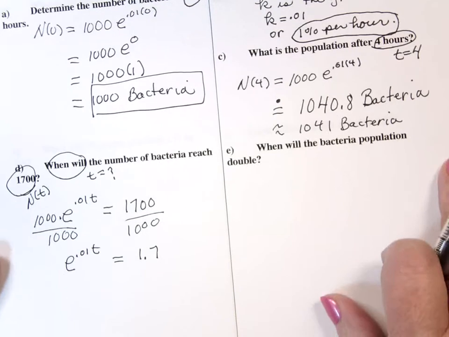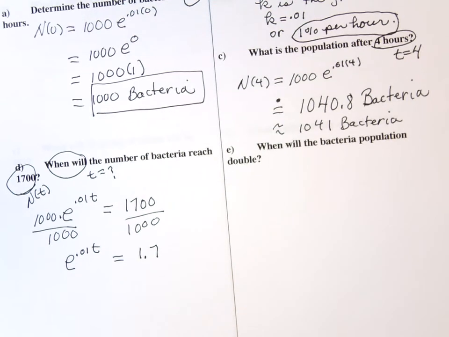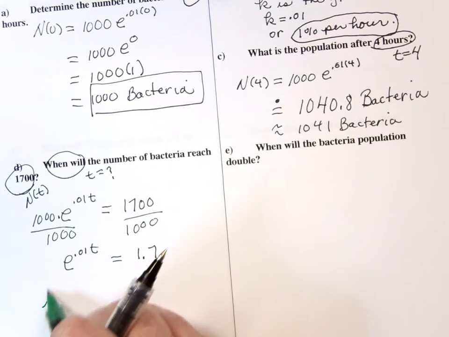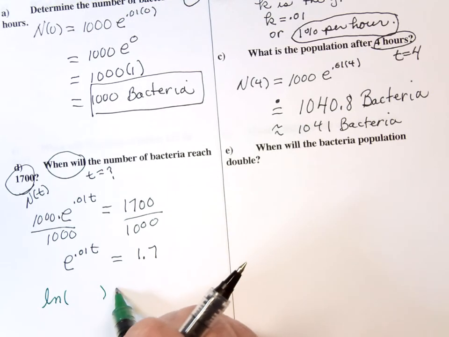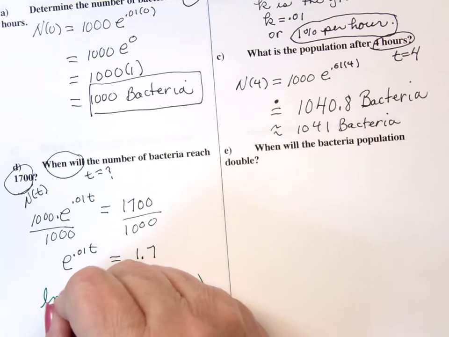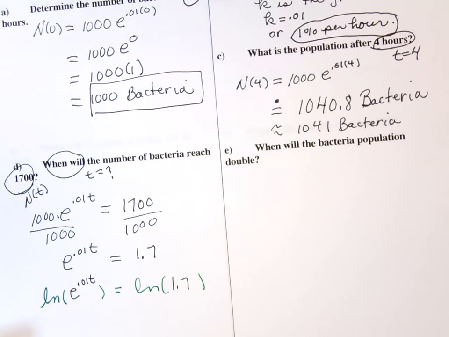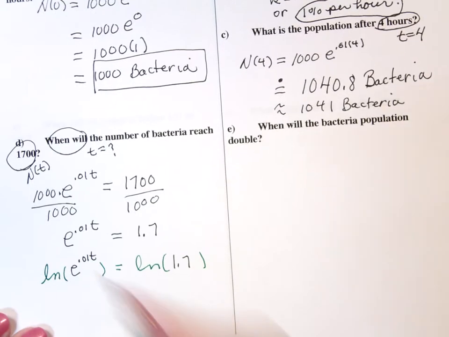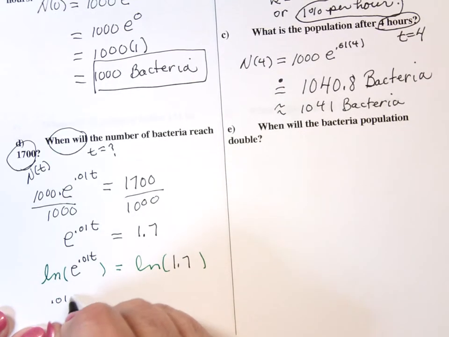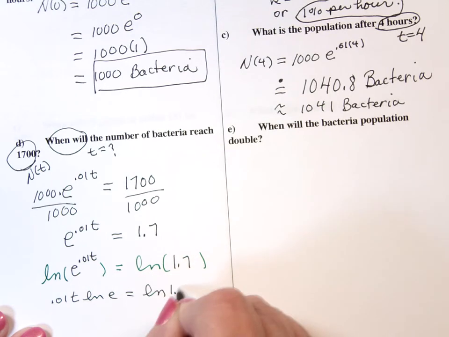And now from this point on, all of these problems get worked the same. What do I need to do? Because this is e, I'm going to take the natural log of both sides. So if the two things are the same, then the natural log of the two things are also the same. Bring down the 0.01 t, natural log of e equals the natural log of 1.7.